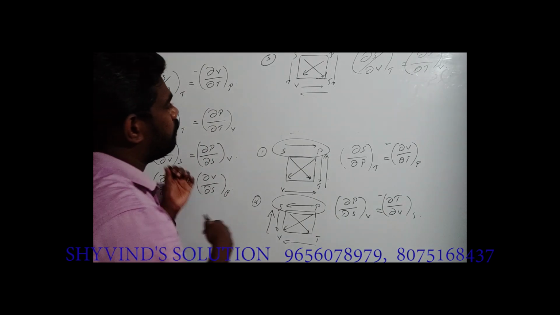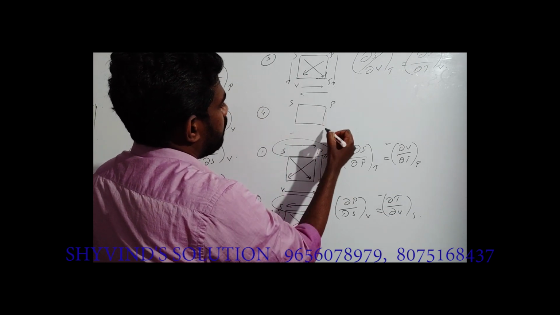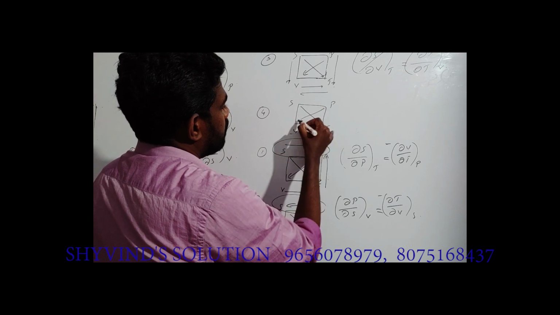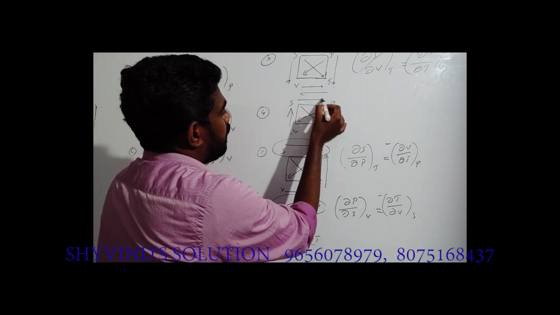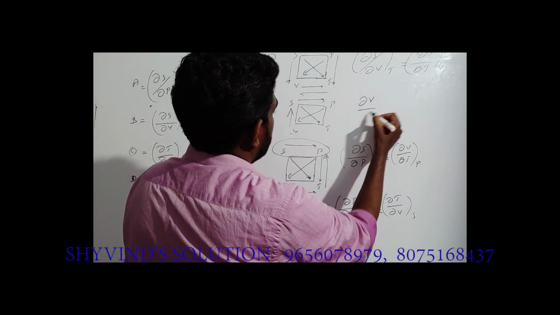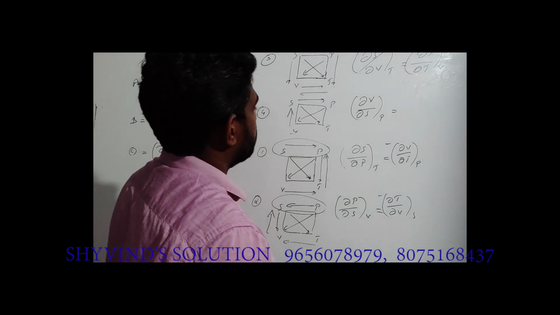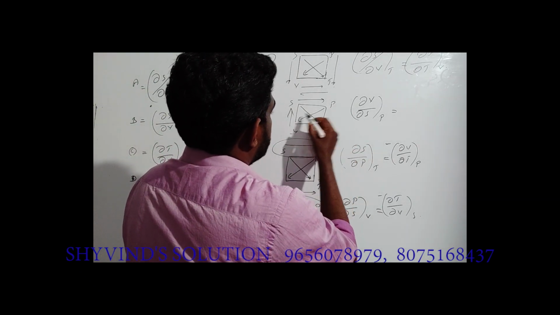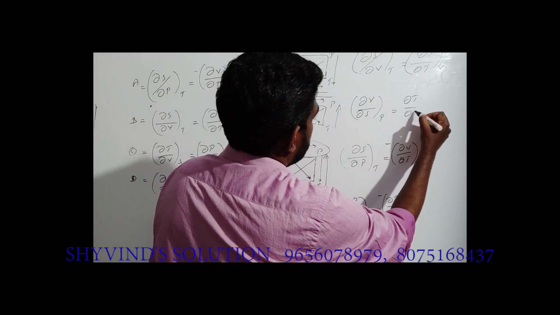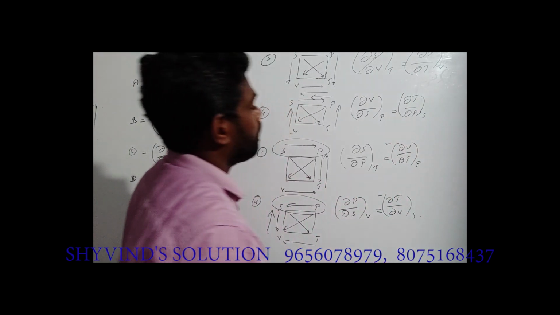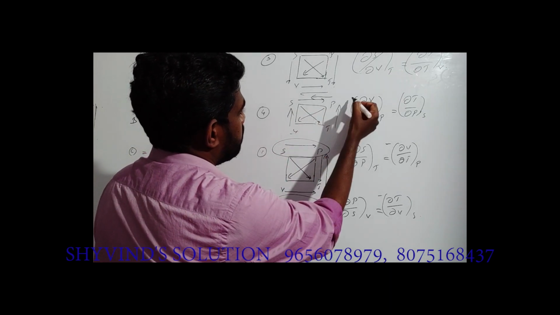So the fourth relation: S, P, T, V. Now we have the arrow in the opposite direction: dou V by dou S at constant P equals dou T by dou P at constant S. Looking at the direction, it's opposite, so there will be a minus sign.